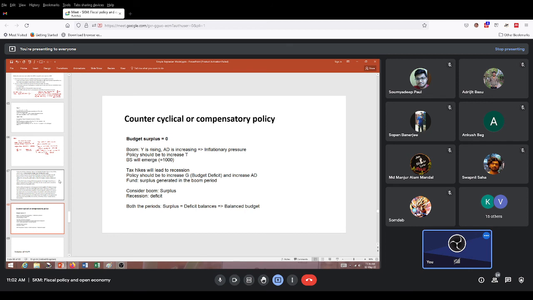Suppose the boom period is very small. Demand rises but by a very low amount. So you will have a budget surplus of 1000. But the recession is very deep. In that case, what will happen? You require government spending to increase by, let us say, 5000. So can you balance the budget over the business cycle?